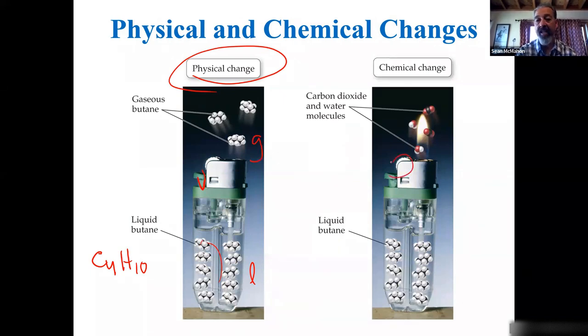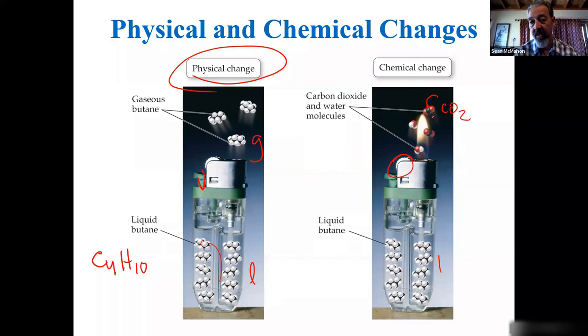But if I ignite it with a spark, so I need something to initiate the burning, right? The wood in the fireplace doesn't spontaneously combust, right? I gotta give it a little bit of energy to get it going. So if I give a little spark, now I can burn the liquid butane, and I can now produce, and you see it here, CO2, the middle one, that's black.